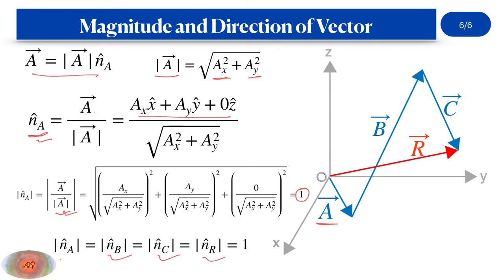So the magnitude of the unit vector is always 1, but its direction represents the direction of the vector itself.